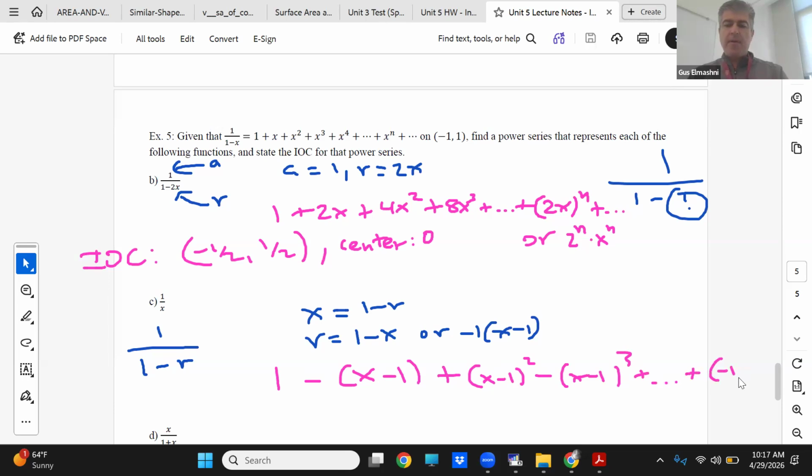This is going to be -1 raised to the n power times x minus 1 raised to the n power. Yeah, that's kind of a cleaner way of thinking about it. It's the habit of writing it in a more consistent manner. Yes, if you solve for R, it's 1 minus x, but personally, I would much prefer to write it this way, because now you see it's centered at 1. And interval of convergence is from what to what? 0 to 2. Yep. Your IOC is from 0 to 2.